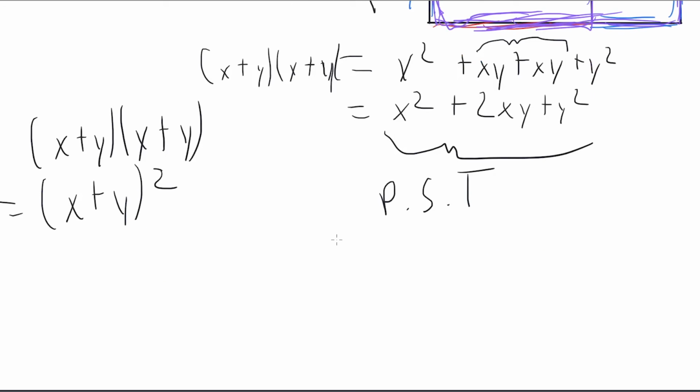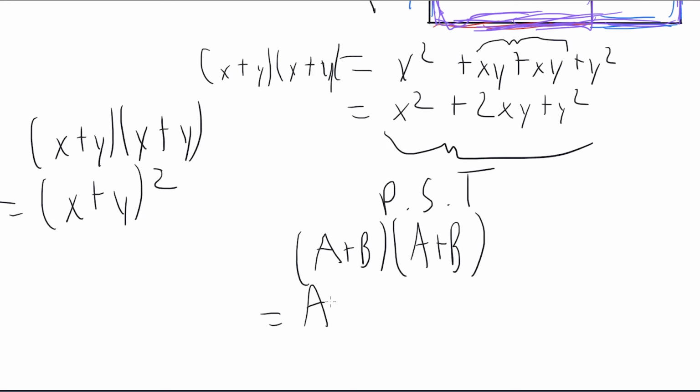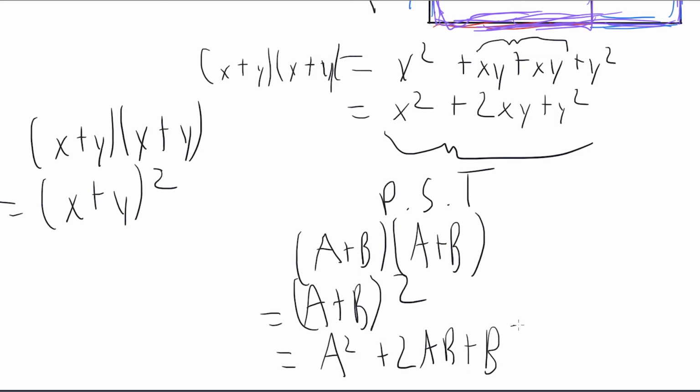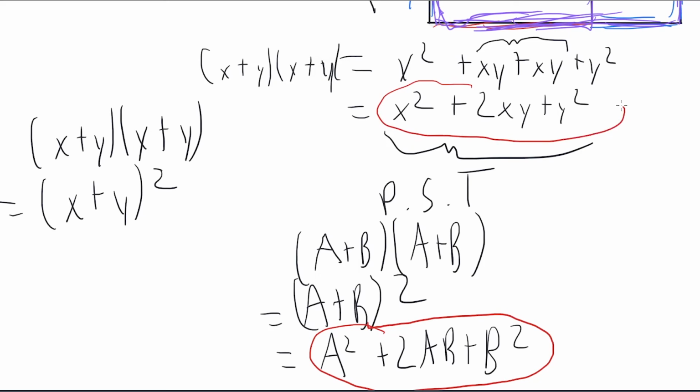So if something takes the form of a plus b times a plus b, it's really just equal to a plus b squared. That'll be a squared plus 2ab plus b squared. As you can see, this right here is the same form as this. So we know that our answer is correct.